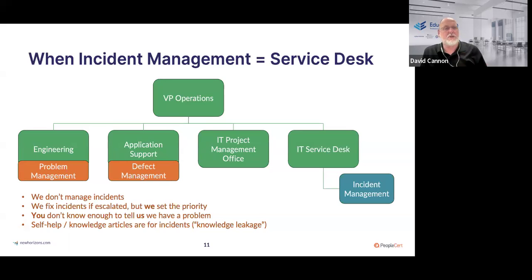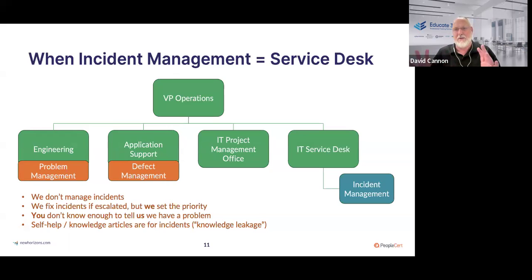We'll decide if it's urgent. And by the way, you, service desk, do not know enough. Here comes this negative tiering aspect. Level one is down there, level three is up there. We're level three, you're down there. Don't you tell us where we've got a problem. How dare you? You don't know enough.